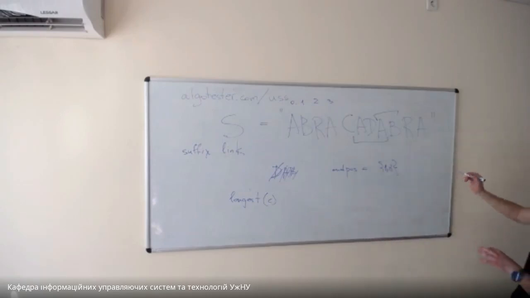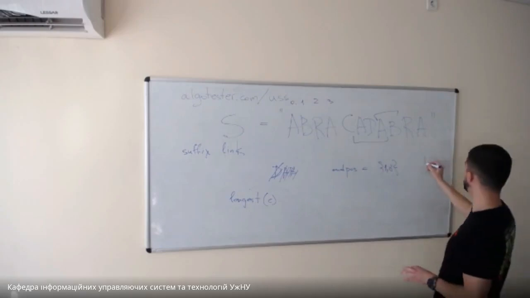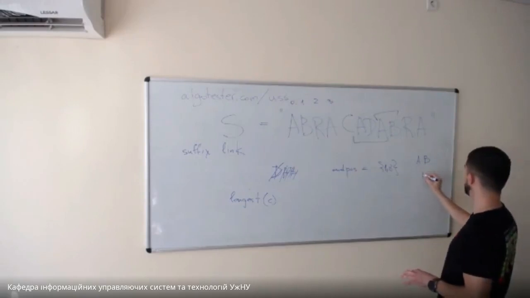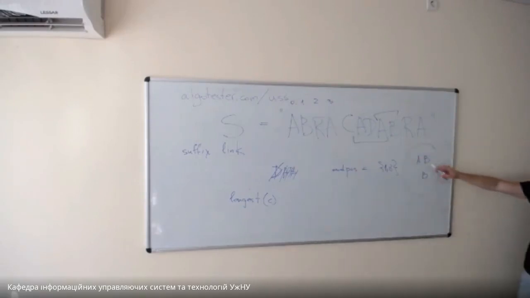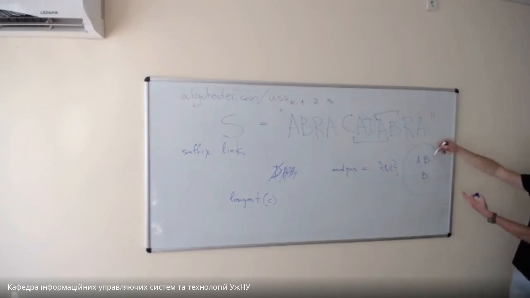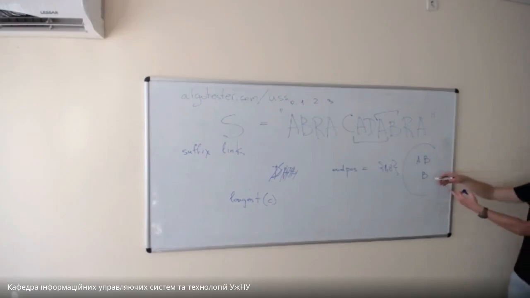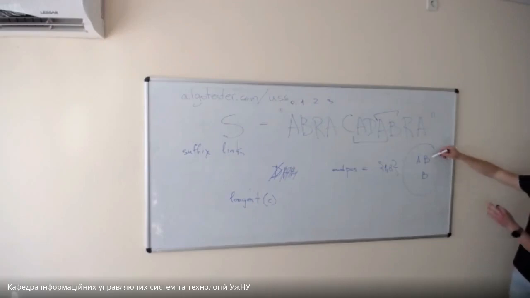In our example, we have AB and B in the same class of equivalence. So AB is the longest string here in this class. And all others, in our case, just string B, are suffixes of the longest string.